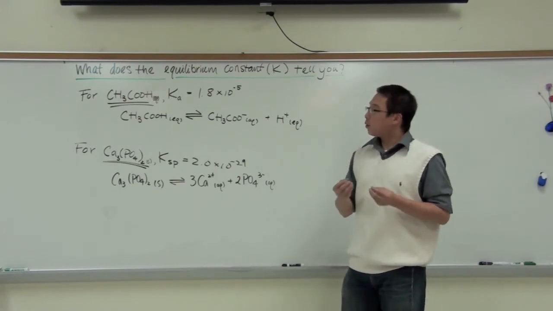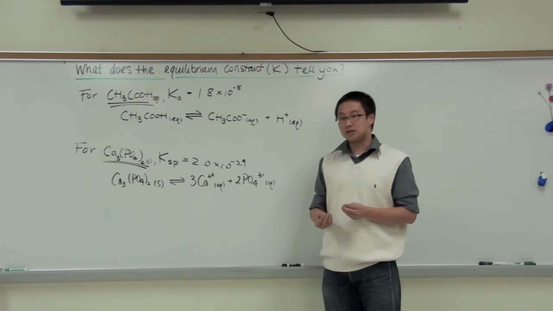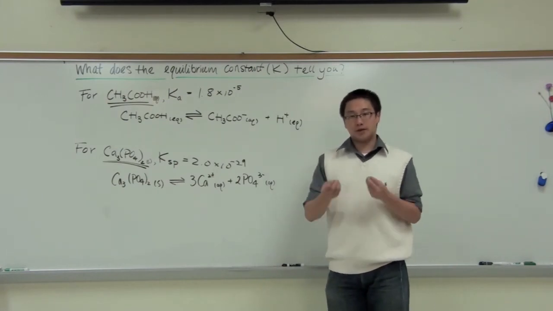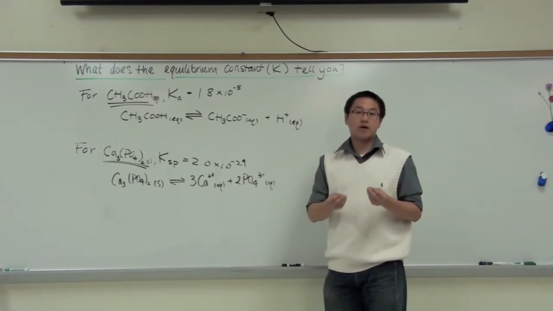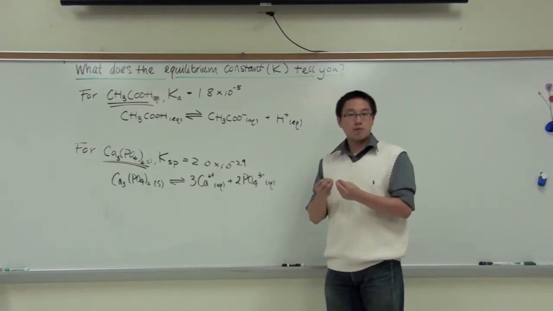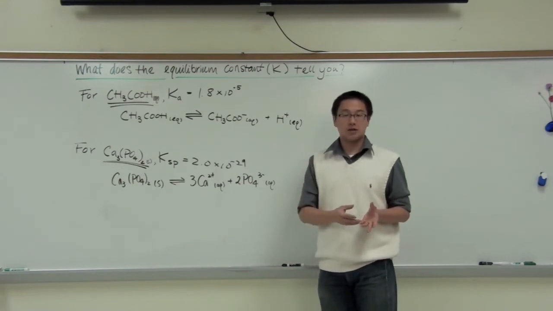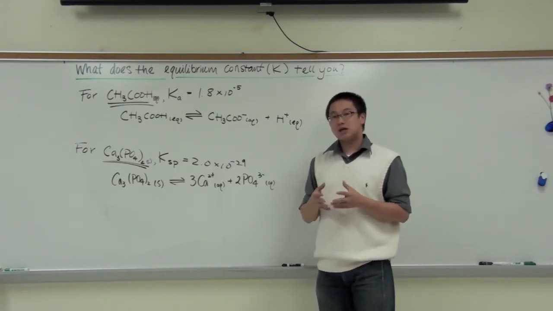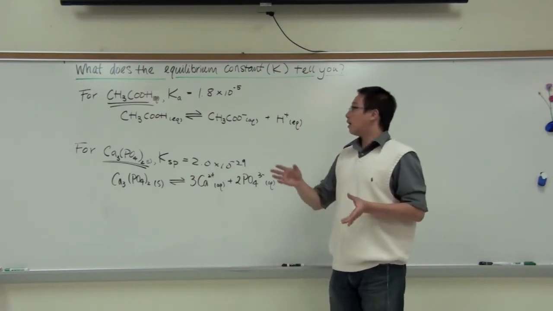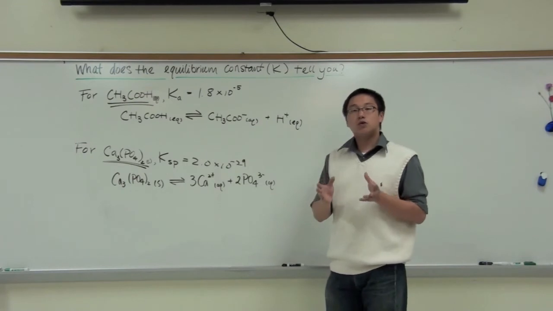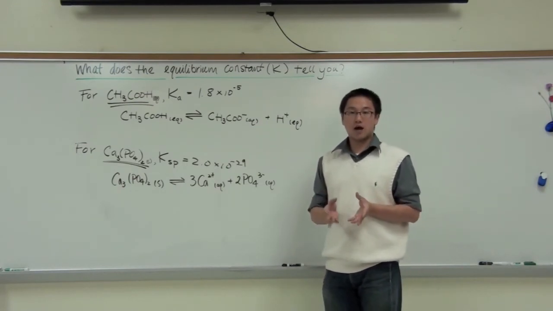Okay? And we always use this to compare the strength of an acid or base, or how soluble a compound is. If you want to compare the strength of an acid, if you still remember what we said in the past, strong acids are completely dissociated into ions. And a weak acid is going to slightly, or partially, dissociate into ions.